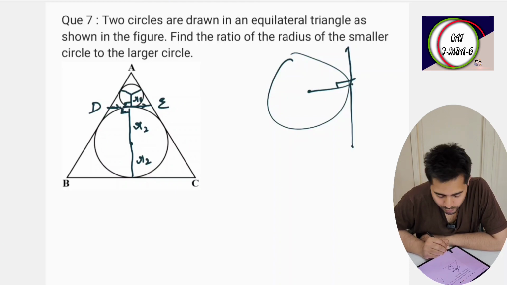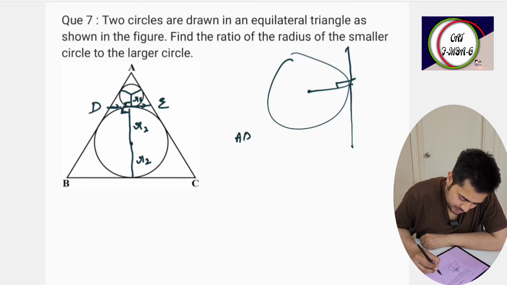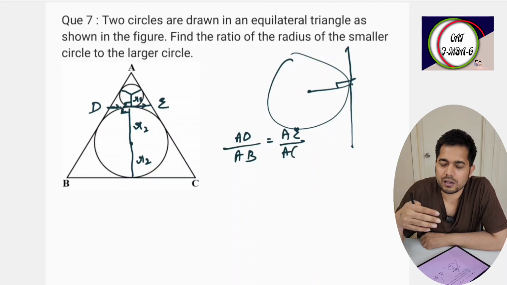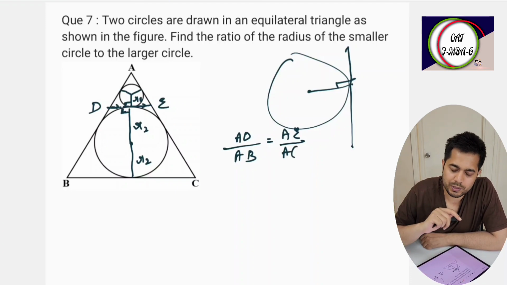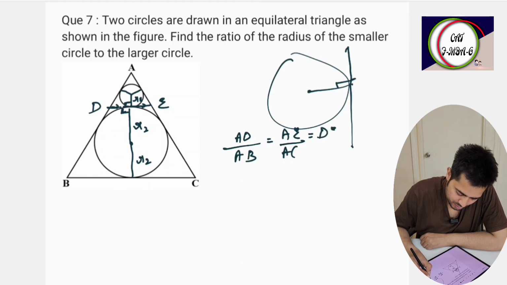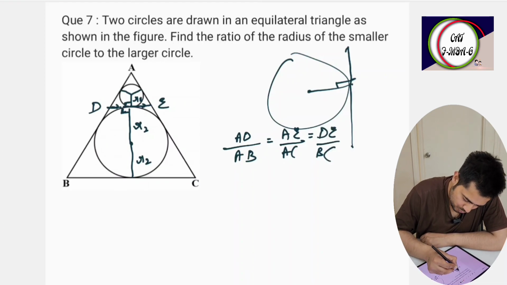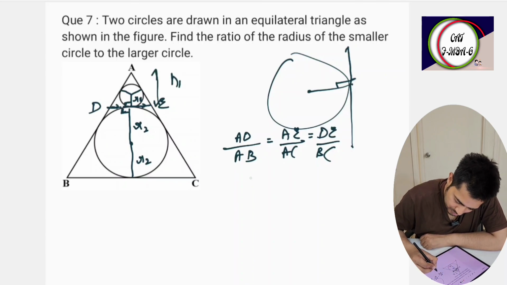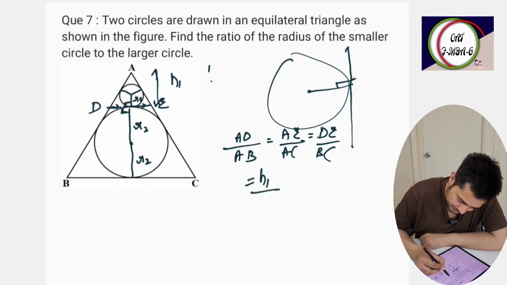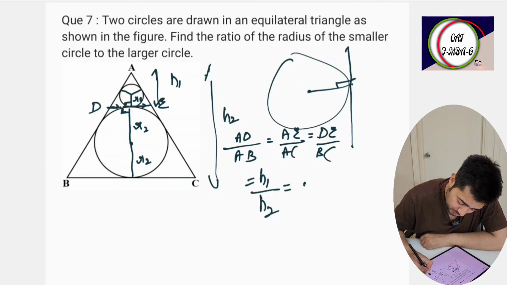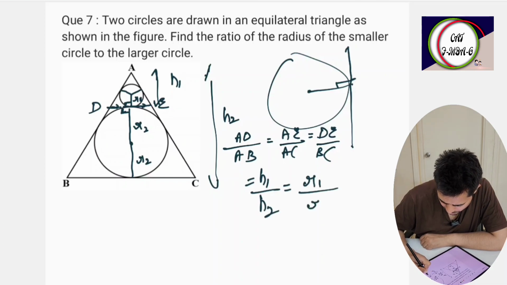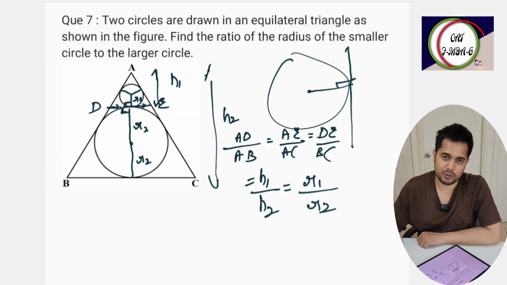So by the proportionality theorem, we know that AD by AB is going to be equal to AE by AC, and the other lengths are also going to be in the same ratio, equal to DE by BC, or this height H1 by the whole height H2, or in the same ratio as for the incenters, R1 and R2.